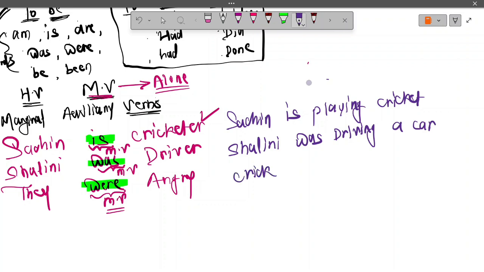Cricket or else sports were played by them, correct. Now just observe these sentences.